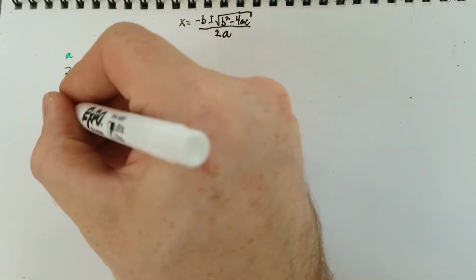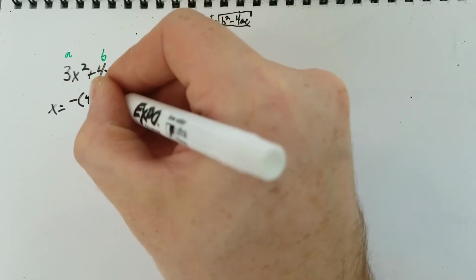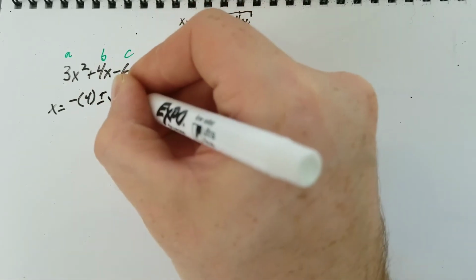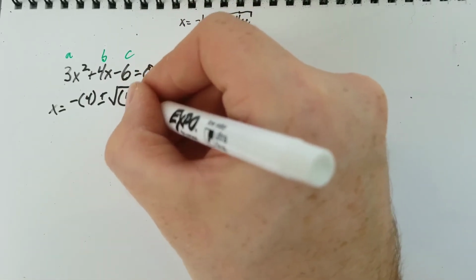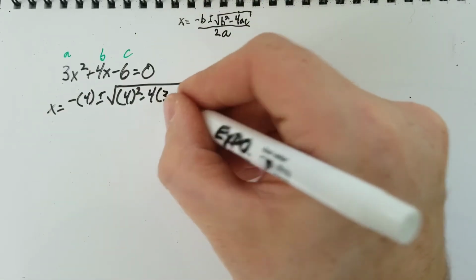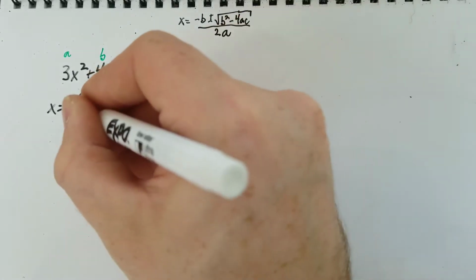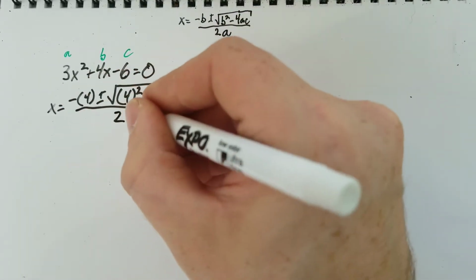So we have x equals negative b, which is 4, plus or minus the square root of b squared, which is 4 squared, minus 4a, which is 3, c, which is negative 6. All of that over 2 times a, which is 3.